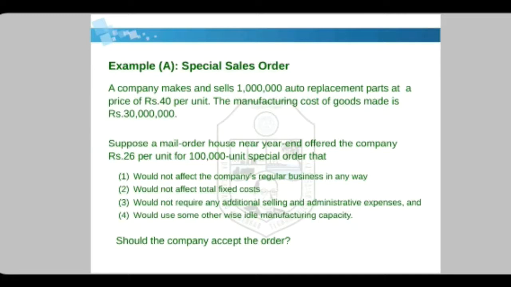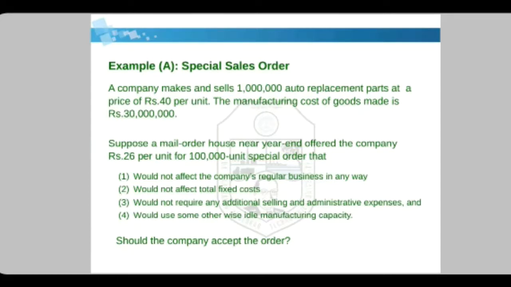So the manufacturing cost per unit will be 30,000,000 divided by 1,000,000. So that will be 30 rupees per unit.